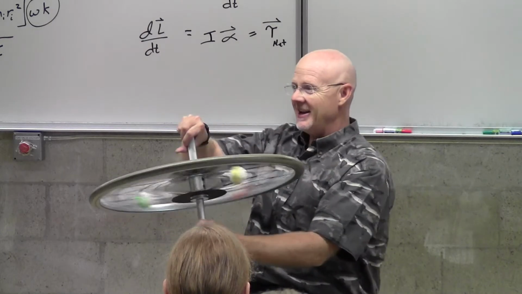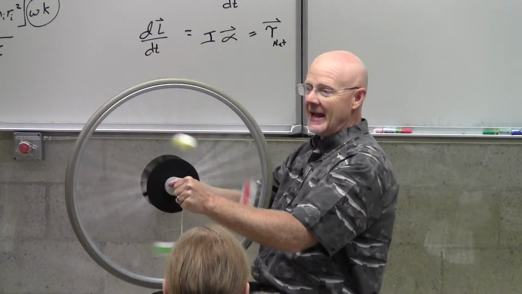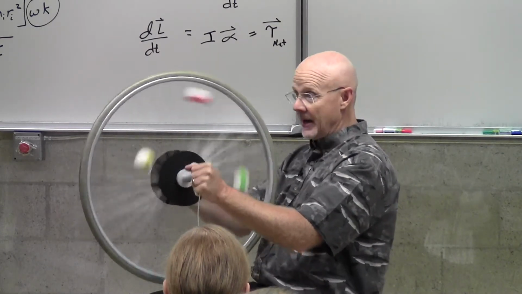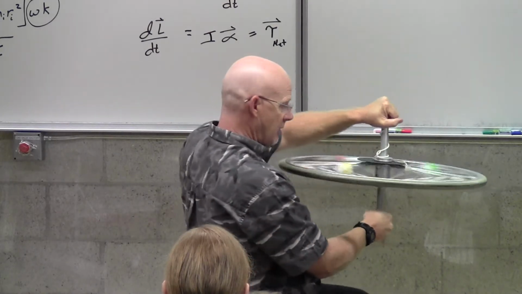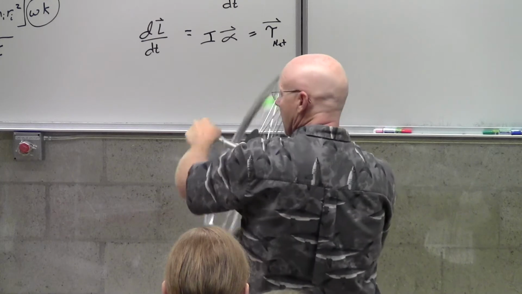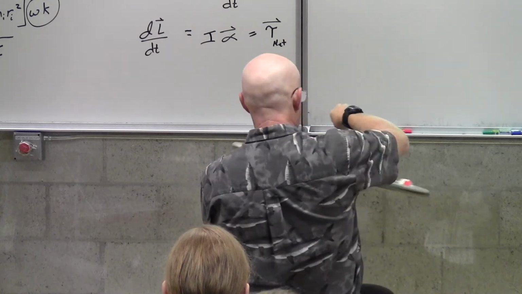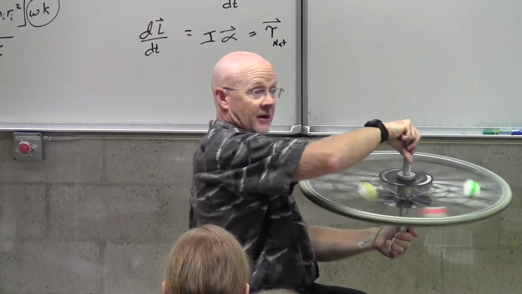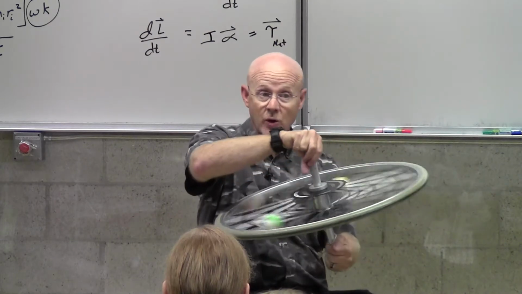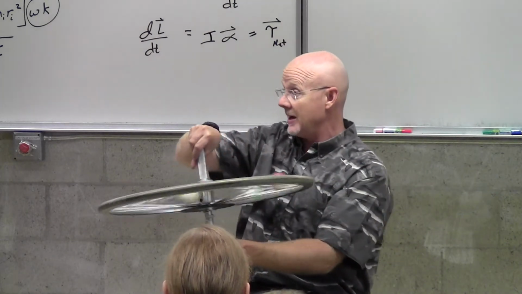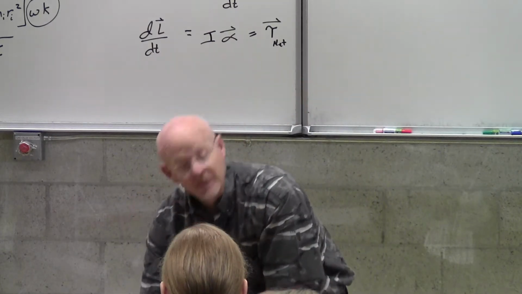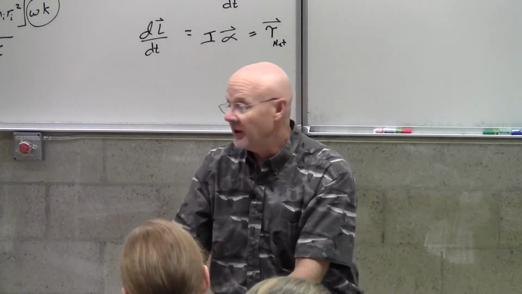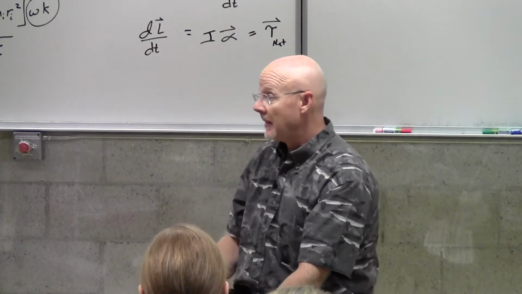My angular momentum around the y-axis is 0 to start with, so it has to be 0 here. It goes one way, I go the other. I turn it this way, it goes one way, I go the other, so that my total angular momentum around the y-axis is 0. Again, conservation of angular momentum.